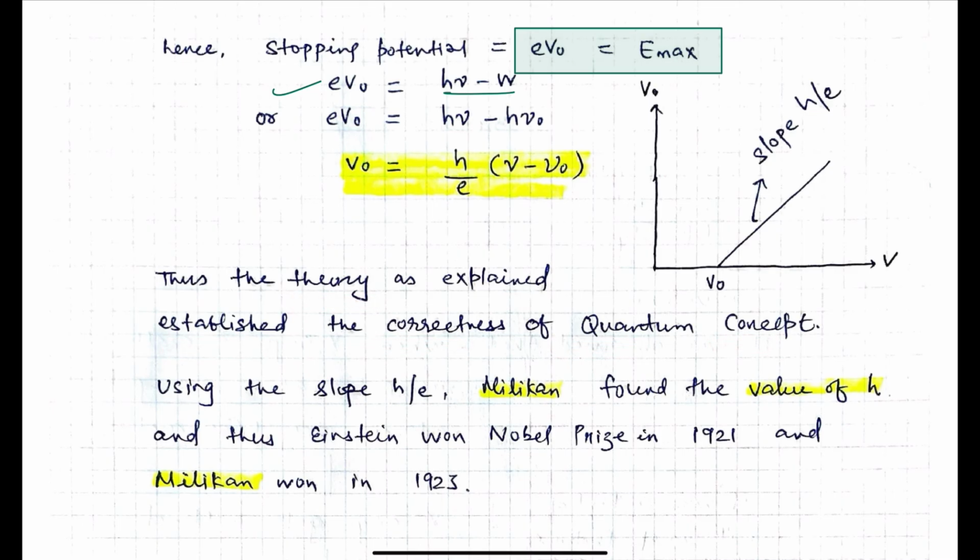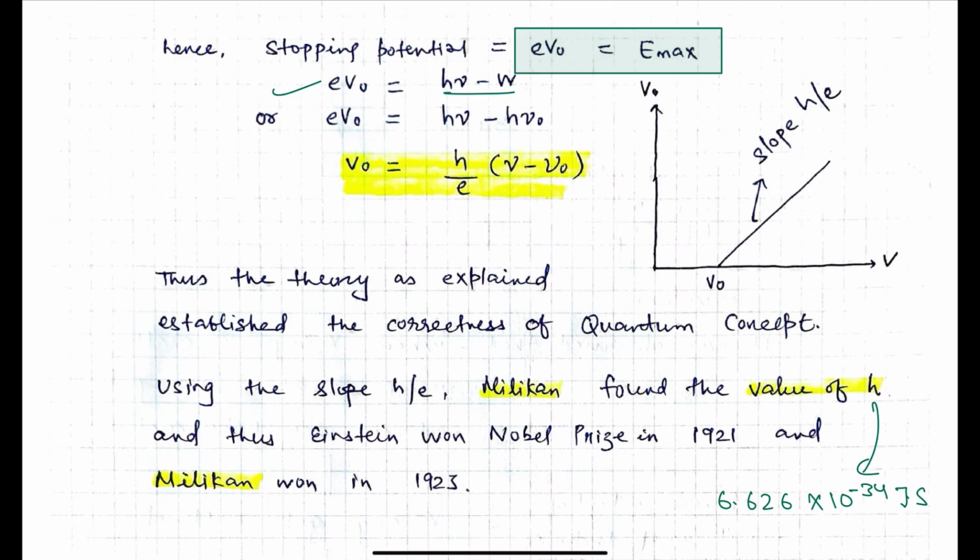Okay. And using the slope, that is h upon e, Millikan found that the value of h is 6.626 multiplied by 10 to the power minus 34 joule second. Okay.